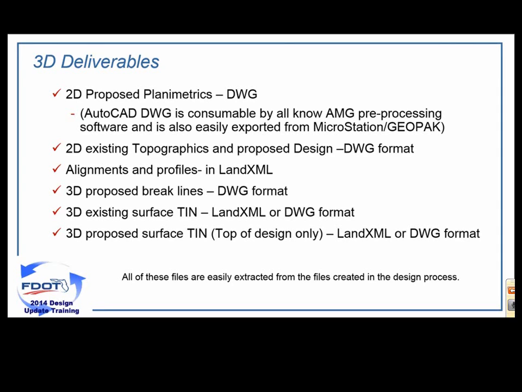So say you've got a foot to go down from the finished surface to the bottom of the base, they can easily dial that into the equipment, and it'll drop the elevations that the equipment's working to. And all these files are easily extracted from either MicroStation or Civil 3D. It's basically just some right clicks and exports, or file save as, and you can generate all of those files very easily.